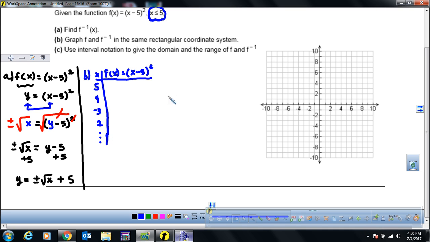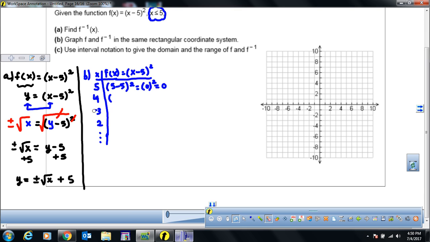Let's go ahead and do these 4 points. Okay. So if I substitute 5 minus 5 and then square, that's going to be 0 squared, which is going to be a 0. The next one, this is a 4, so it's going to be a 3.